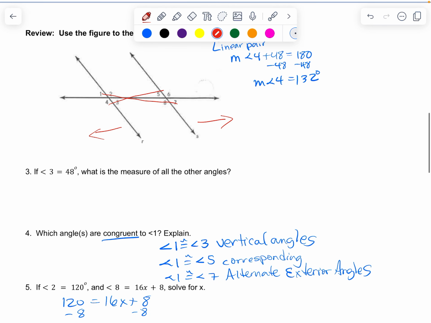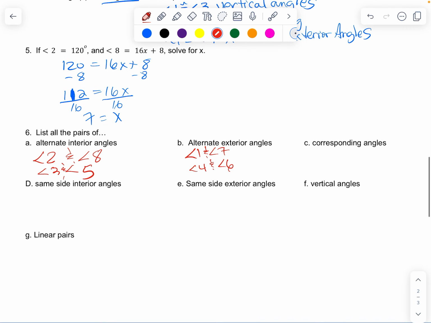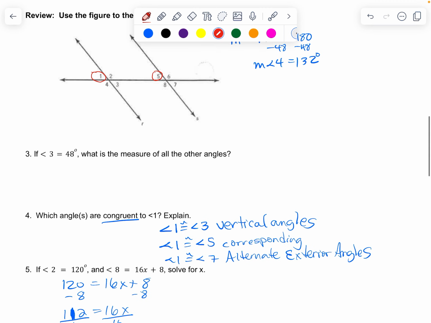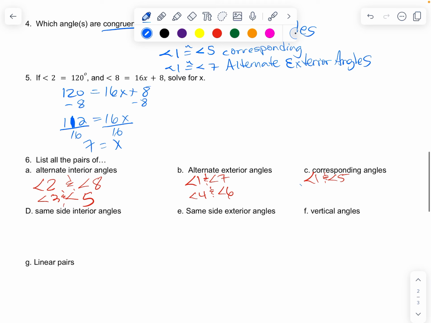Corresponding angles means they sit in the same spot. So top left, angle 1 and angle 5. Then I have top right, angle 2 and angle 6.